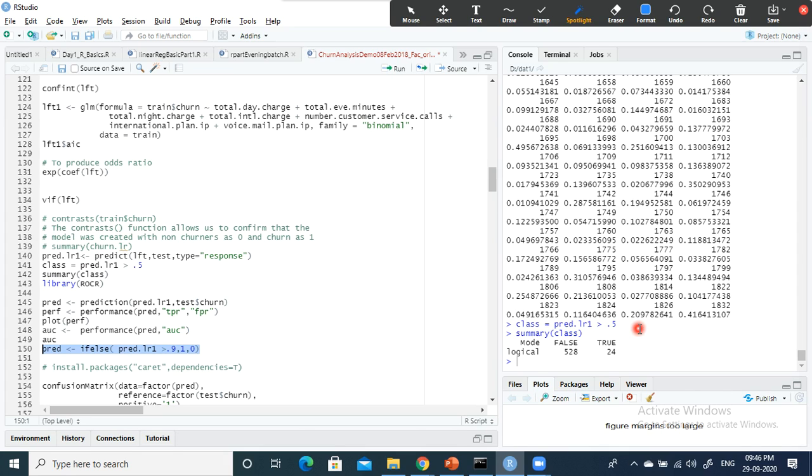Then what is the probability he is going to walk out? 0.5 probability. That means either he may walk out, or he may not walk out. Let's take Swati, for example. What is the probability Swati may walk out of my business? If the probability is 0.7 or 0.8 or 0.9, then the chances are very high she may leave my business.